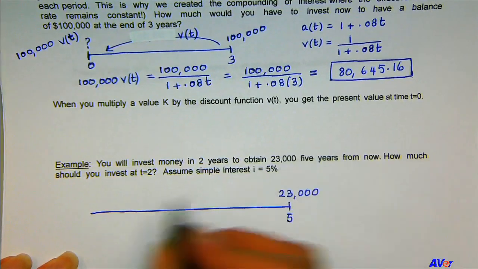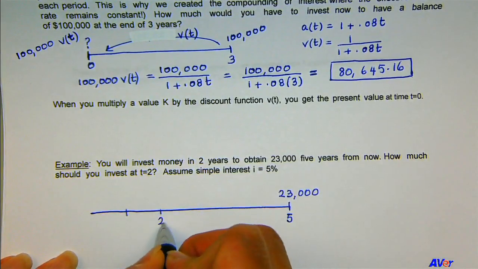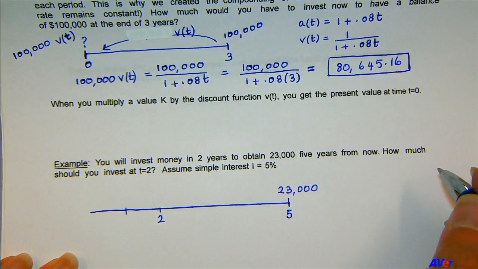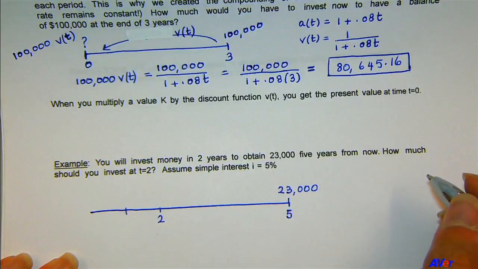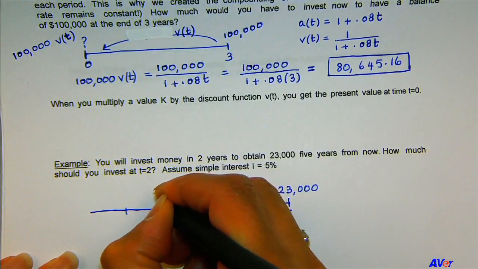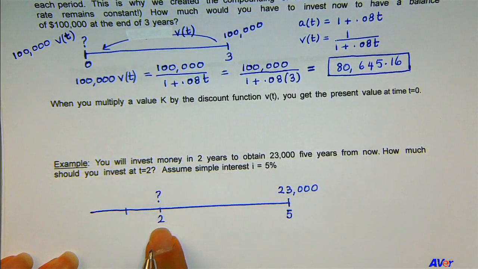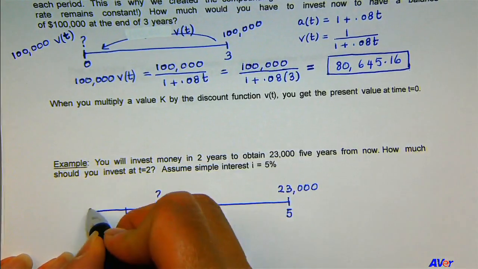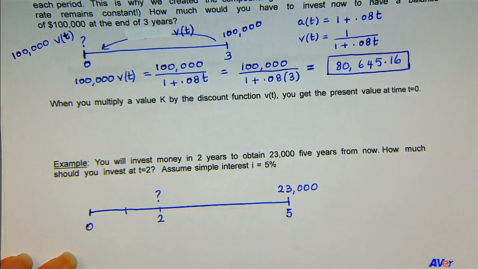You're investing that money in 2 years. How much should you invest at t equals 2? Assume simple interest i equals 5%. Question is, how much should I put in at time 2 so that I have 23,000 at time 5? Any ideas?